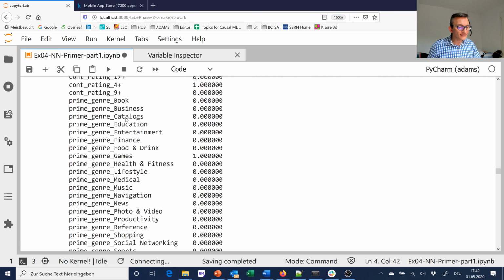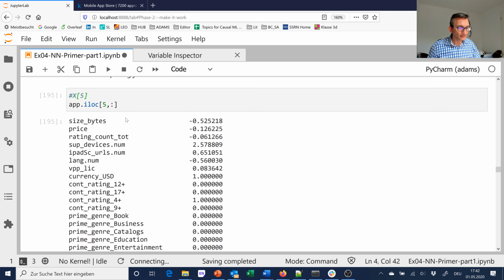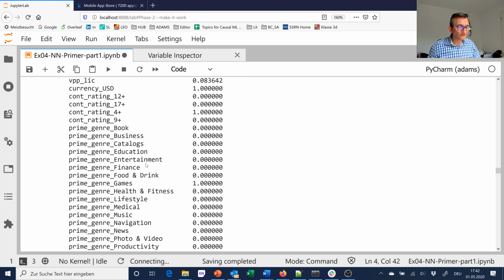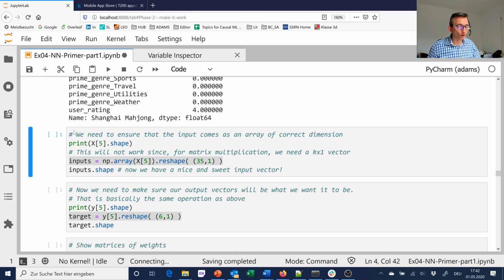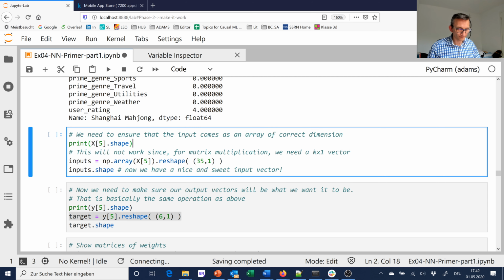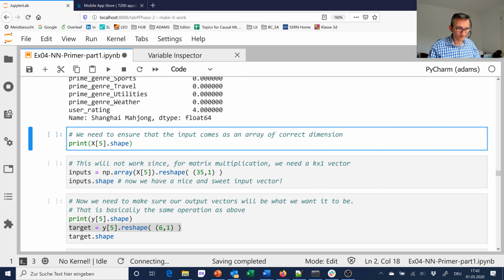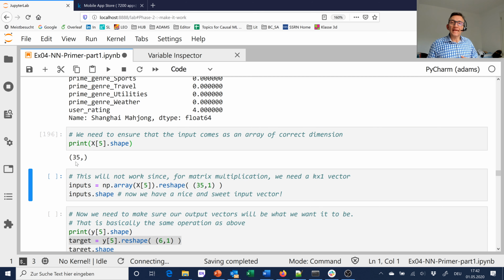Well, you don't see it here, but if you find out the shape of that data point, NumPy stores data as arrays. And NumPy is designed to work with multidimensional arrays.